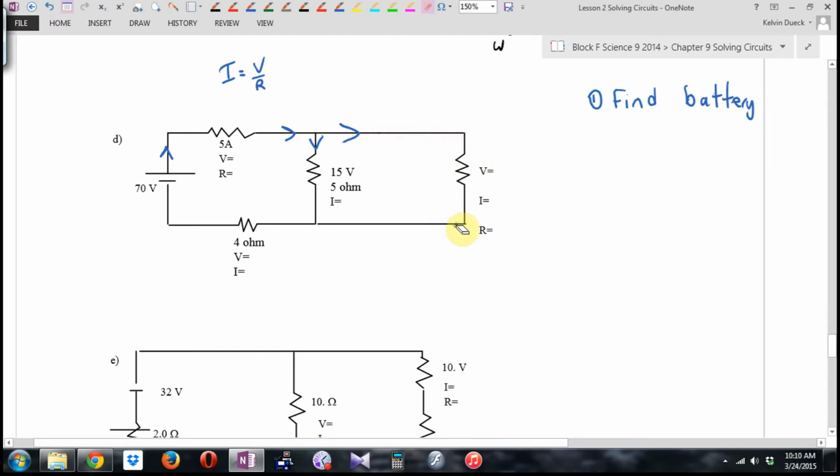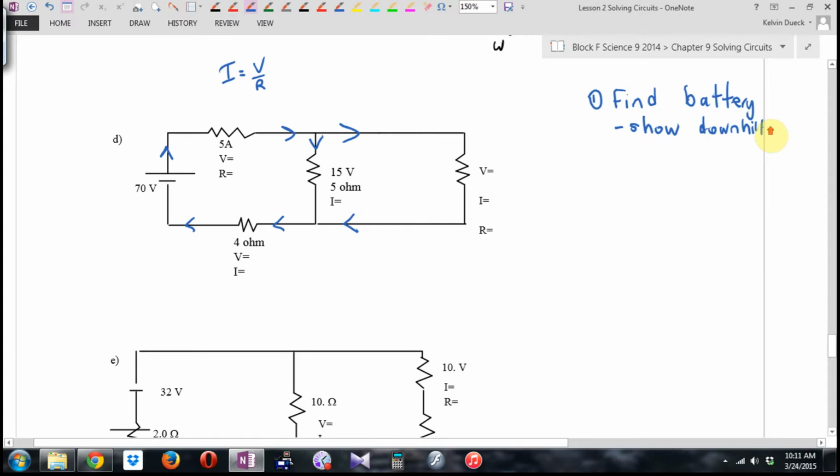Down here, current is flowing to the left. When you get really good, you might not bother drawing those arrows, but till we get good, I do. So find the battery and show downhill. That's the first thing.